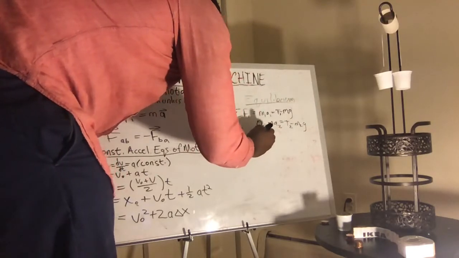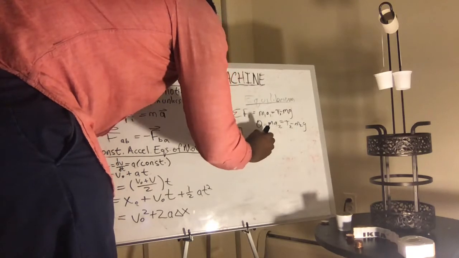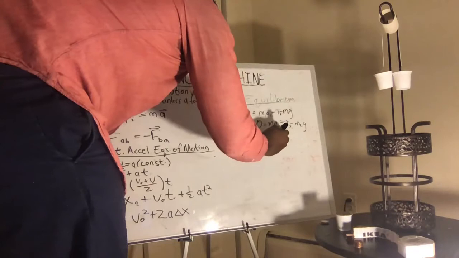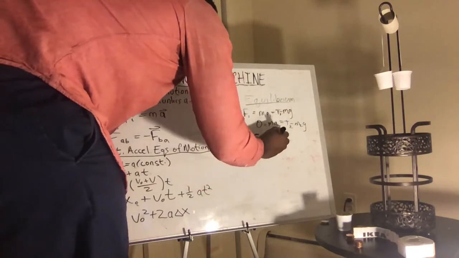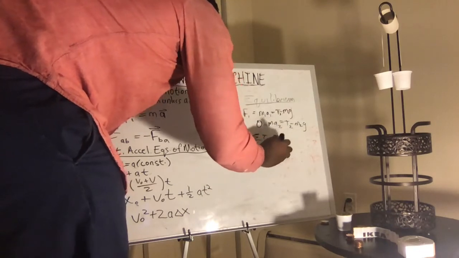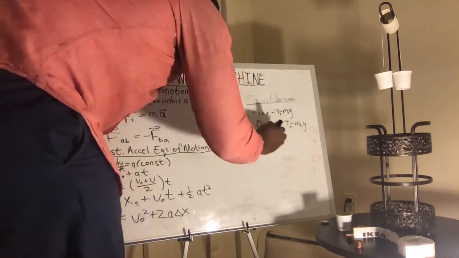So the sum of the torques on the cylinder, which also equals the moment of inertia times the angular acceleration, equals 0.